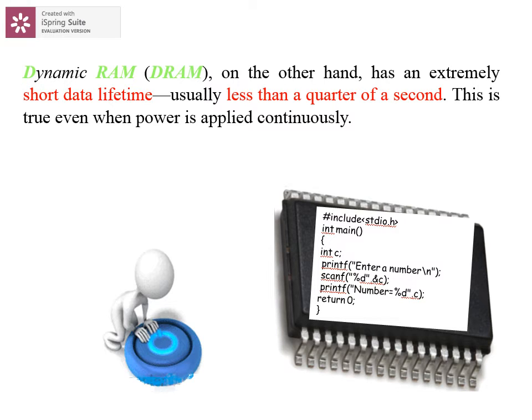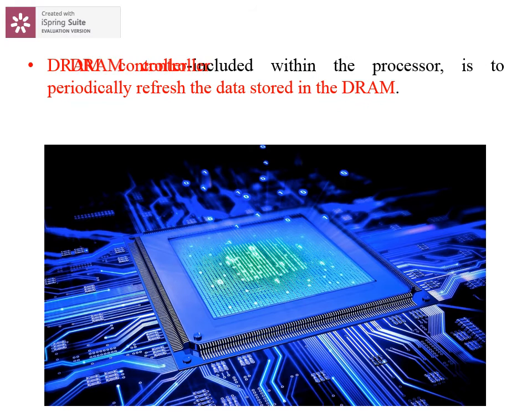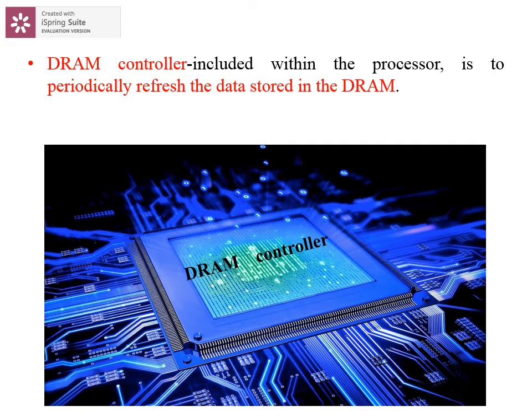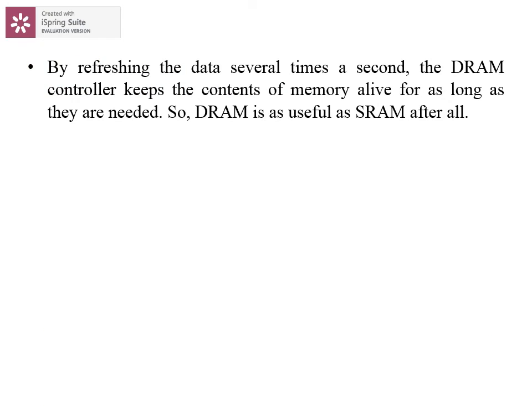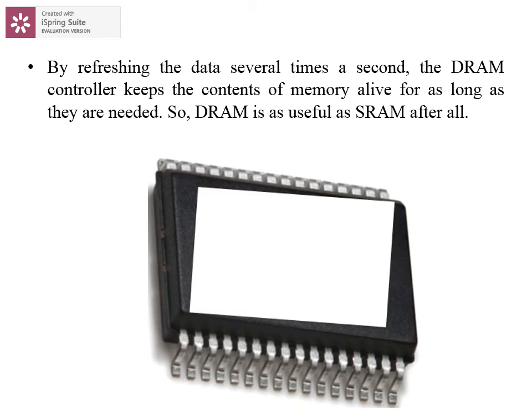This is true even when power is applied continuously. The DRAM controller included within the processor periodically refreshes the data stored in the DRAM. By refreshing the data several times a second, the DRAM controller keeps the contents of memory alive for as long as they are needed. So, DRAM is as useful as SRAM after all.